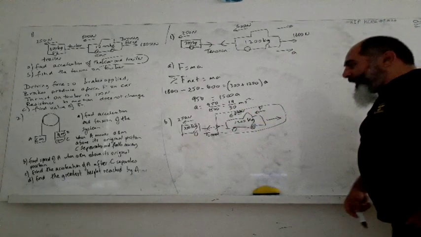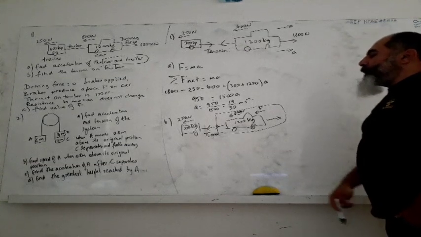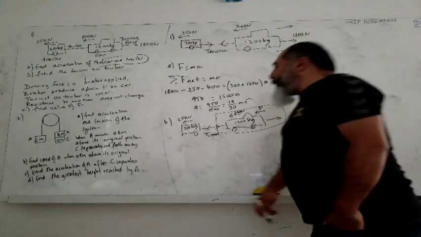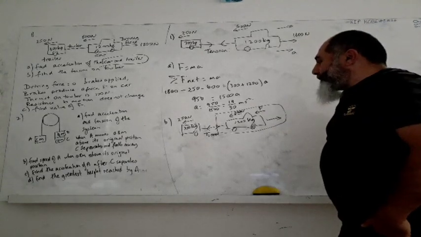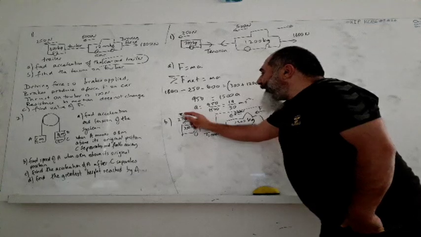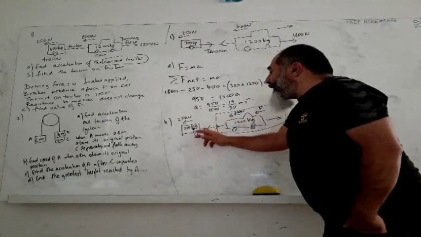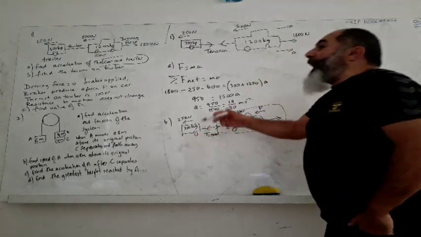To find the new acceleration, I am going to use the trailer because it has fewer forces. On the trailer we don't have any unknowns. We know all the forces acting on the trailer.